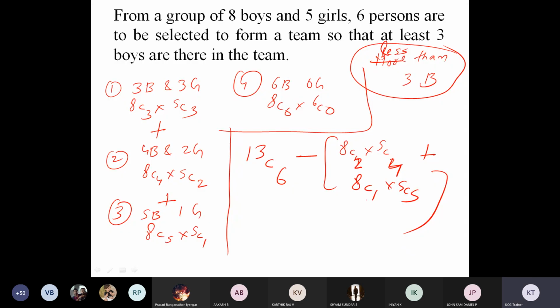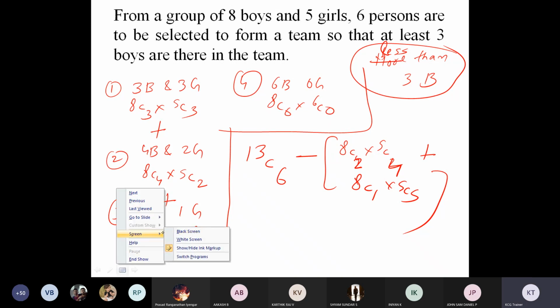Now, after selection of people, the next category. I told you there are three types of questions in selection of people.